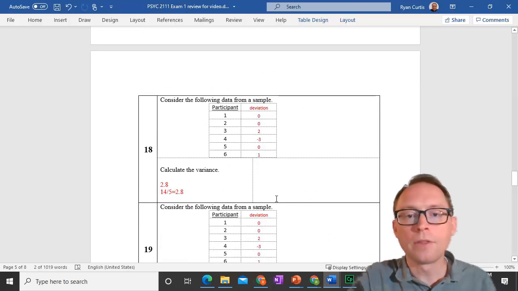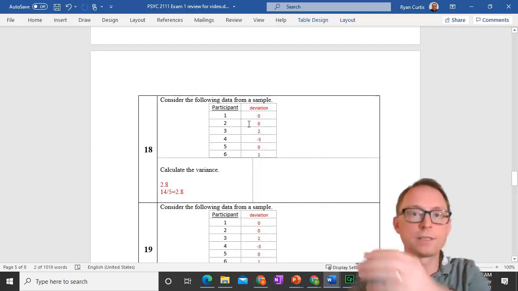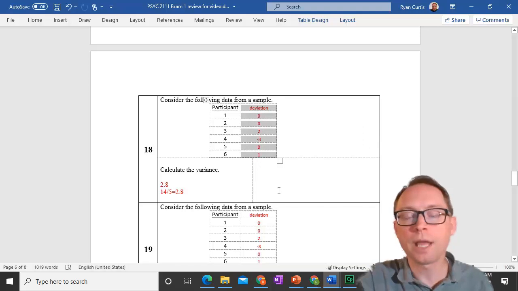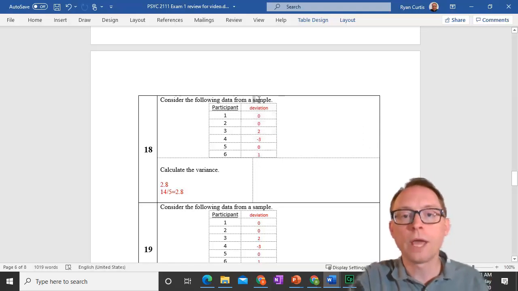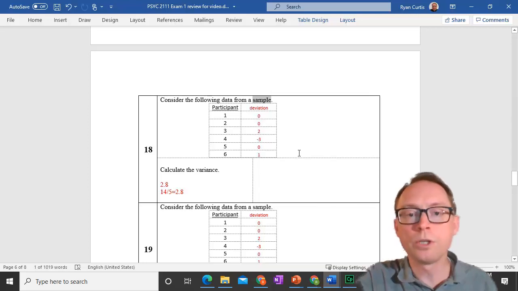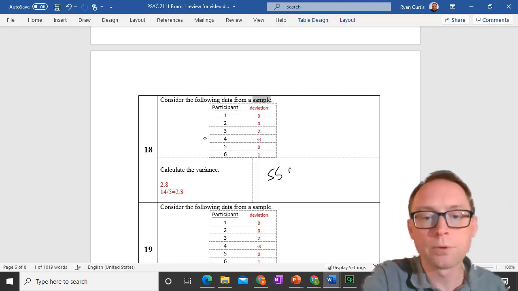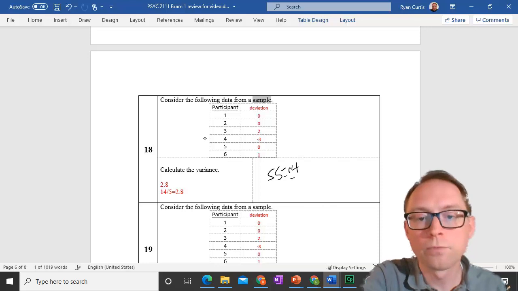Okay, now these are the same data that we just gave you. Number 18 has the same data from number 17. Remember, these are deviations. Now we need to calculate the variance. This says explicitly this is a variance of a sample. So what we do is we take the sum of squares. We squared each of these deviations, and we add those up, and we get 14, because the sum of squares is 14.